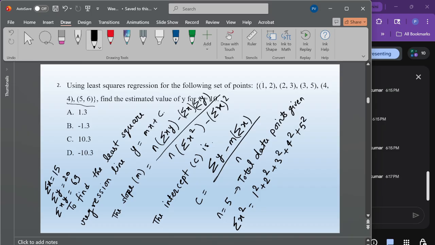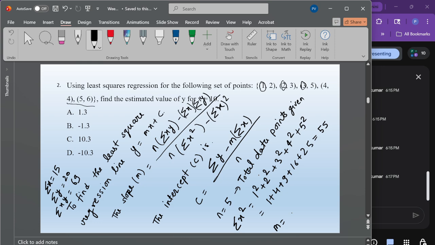That means the square of all the x points. So you will get 1 plus 4 plus 9 plus 16 plus 25. If you add, you will get 55 here. Now we have got all the computations, so we can put it in the slope formula.